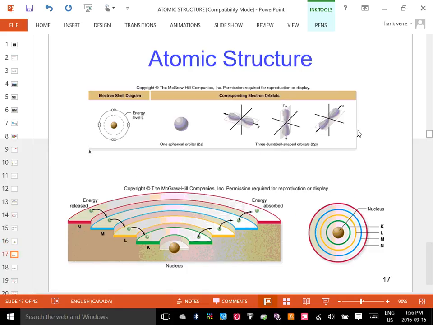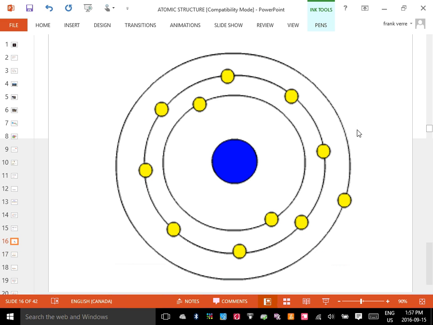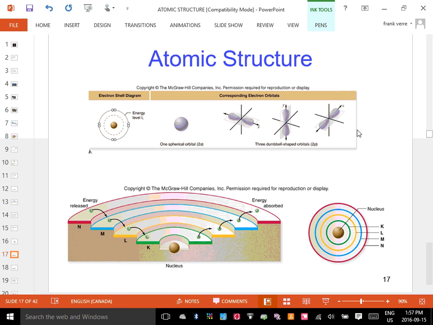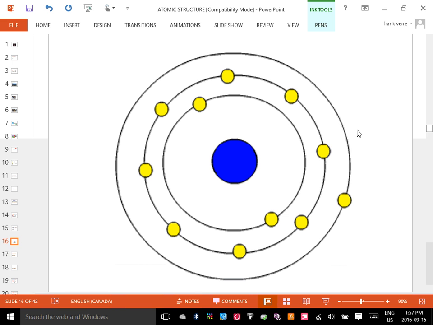The description of where the electrons are takes different shapes. They could look like dumbbells, for instance, or they could look like circles. So they don't look like rings. No, don't worry about that. I'll tell you what's important. But where these electrons live, they're not really drawn like this.